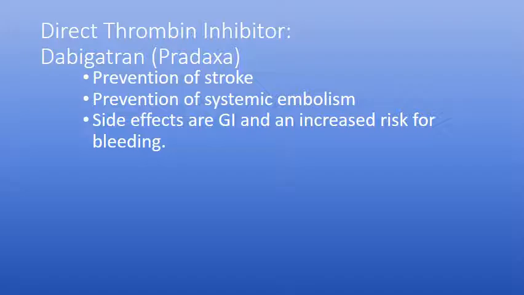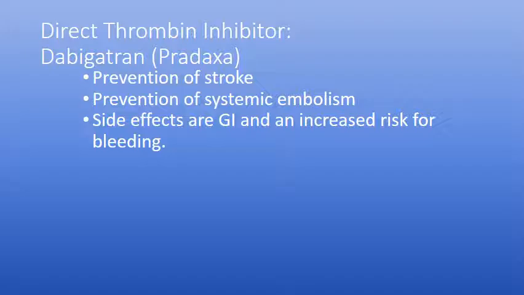Another drug, an anticoagulant, this one is a direct thrombin inhibitor. You probably have seen commercials for it. Pradaxa is used for the prevention of stroke and systemic embolism, and it's indicated also for patients with non-valvular AFib.